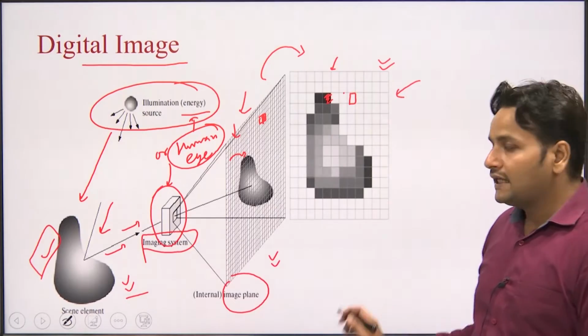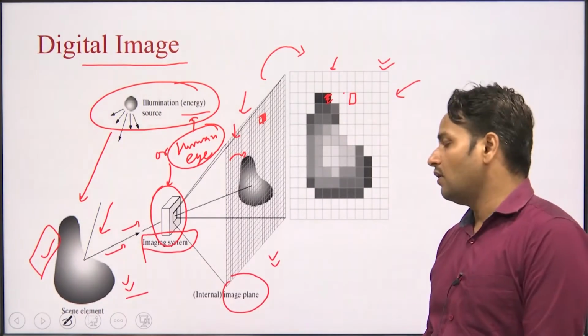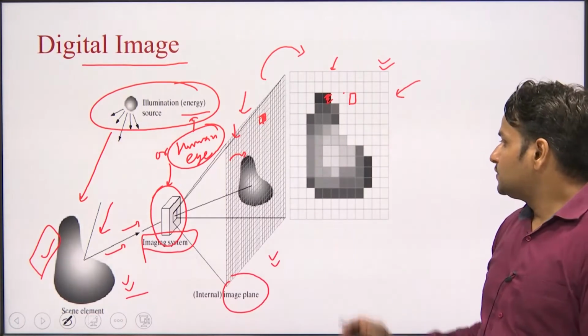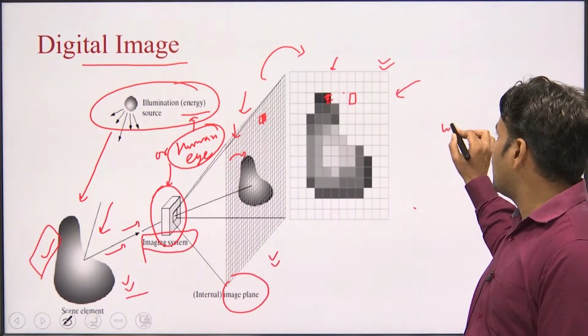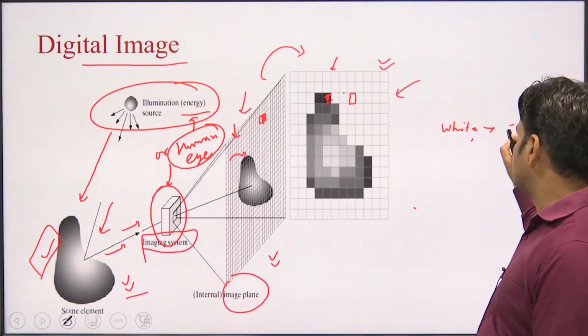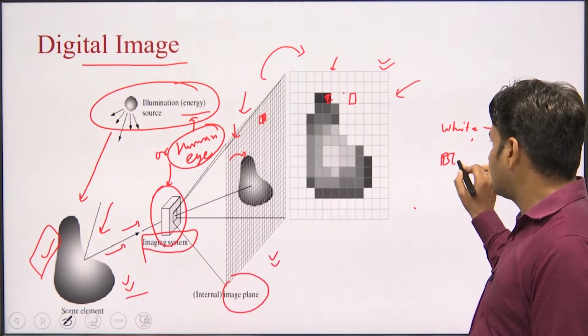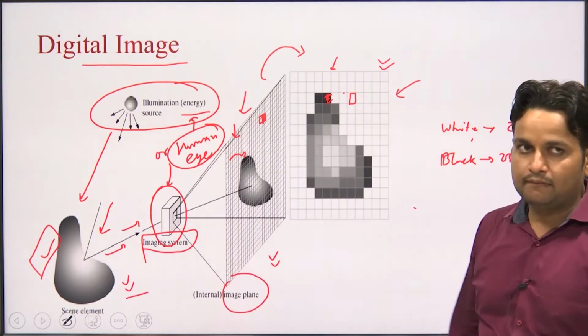In a digital image, it either has to be there or not. If we take the gray level for white color, that is 0 level, and for black color the highest level, that is 255 gray level.